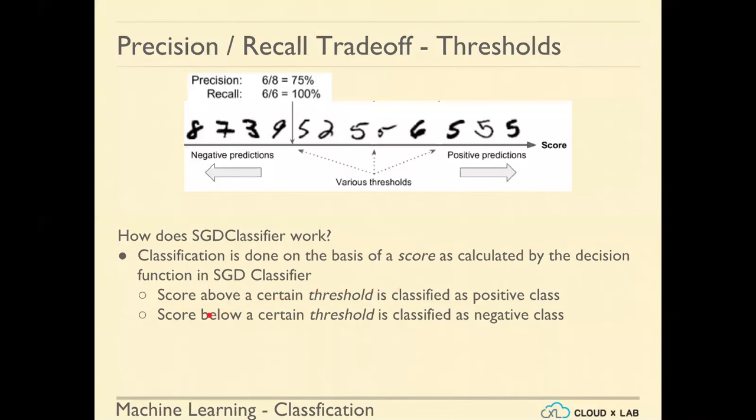A score above a certain threshold is classified as the positive class, and a score below a certain threshold is classified as the negative class.